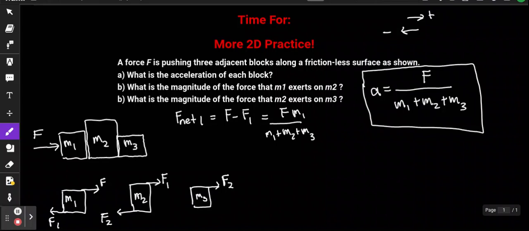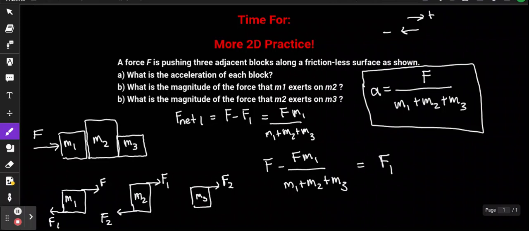So now what we have to do is isolate F1. So moving the F1 to the right side and our ma to the left side, we get F minus F times M1 divided by M1 plus M2 plus M3 equals F1.